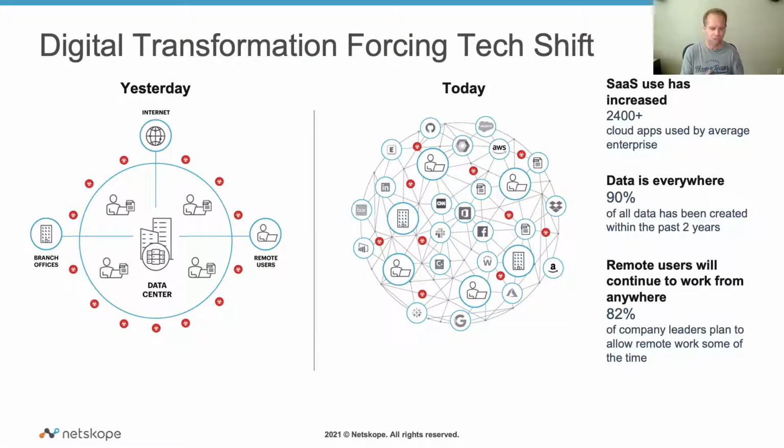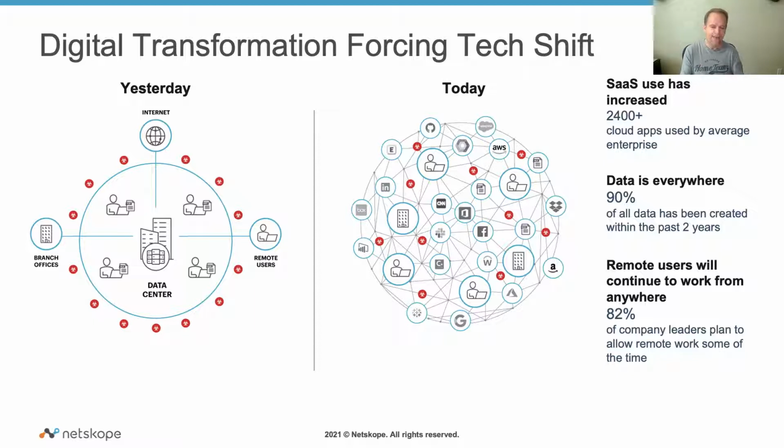And it's really the shift that's taking place today where there's more users, apps, data, and devices outside of a corporate network than inside. Now, this is caused by two big phenomenons. First is the rapid adoption of cloud applications, where on average an enterprise uses more than 2,400 different cloud applications.